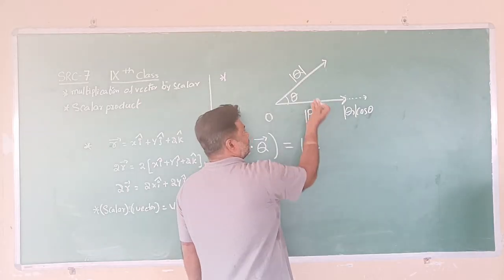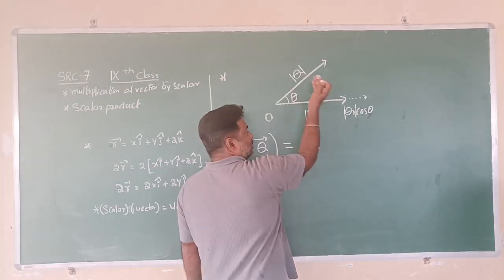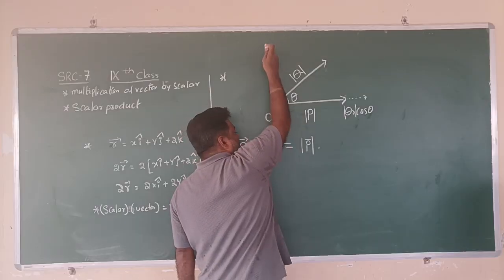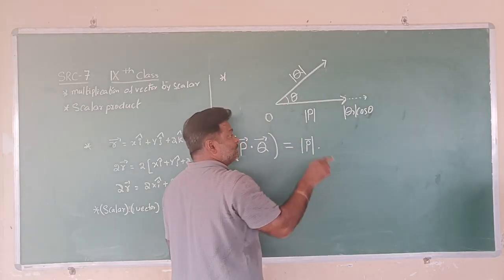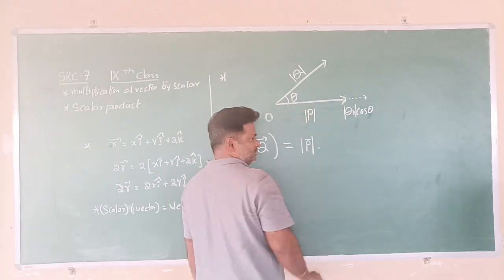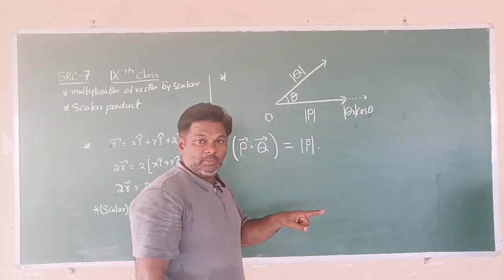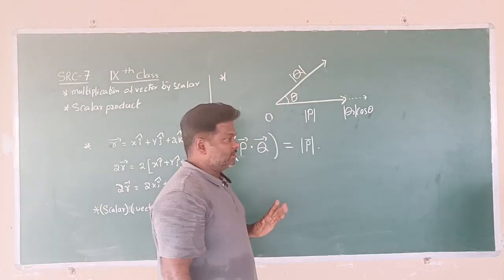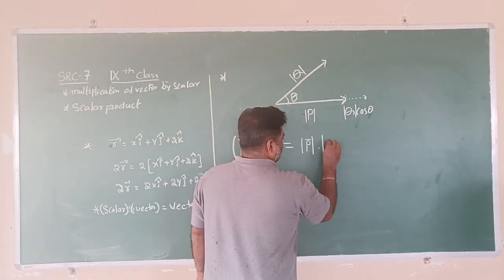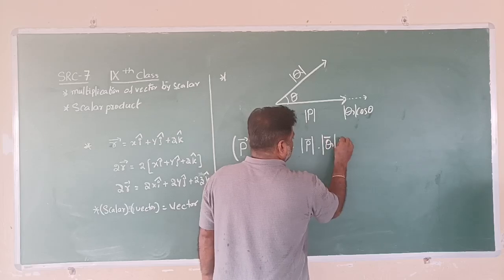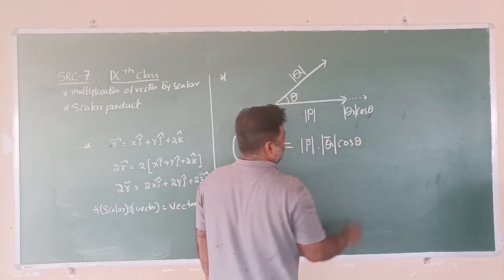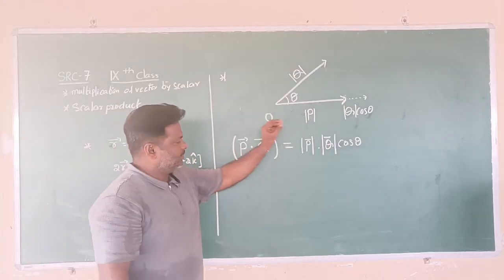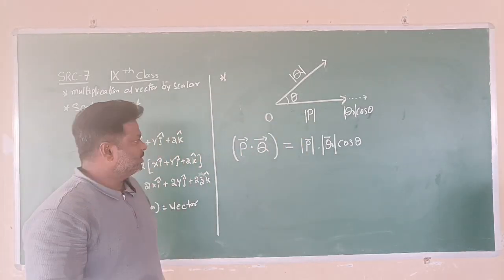That means this is the second vector, its components are q cos theta and q sin theta. But we want the one which is acting along the first vector, not perpendicular to it. That is q cos theta. So this is the formula for the dot product.